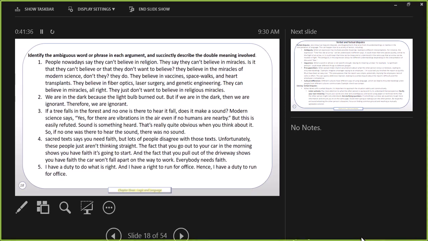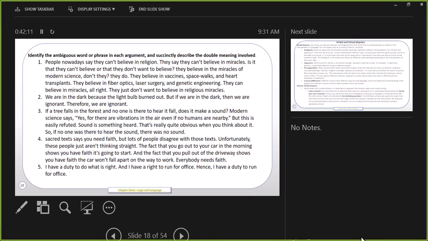This context refers to a belief in what's most probable, what's likely to happen, right? The word faith is used in the context of believing in what's most probable, whereas faith in the first context refers to a religious context, believing in religious statements.